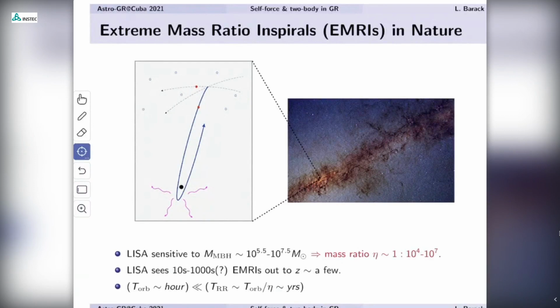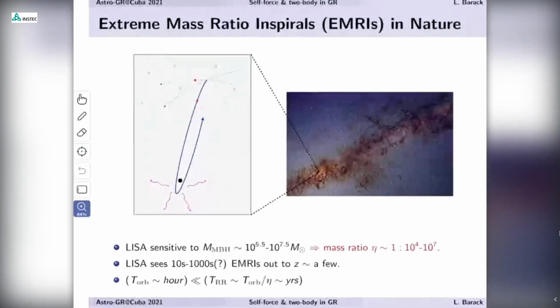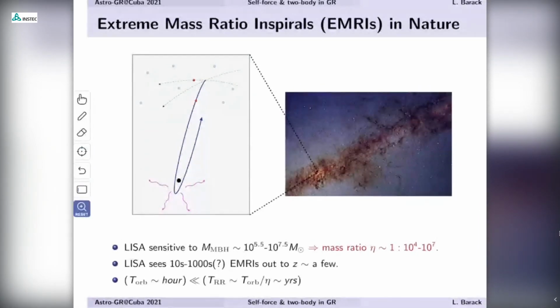Okay. Thank you. The point is that we think that one of these extreme mass ratio inspirals for a stellar mass black hole should happen every 100,000 years. Taking into account that it's going to last, say, 5 years, you divide 5 by 100,000, you get a very small probability, right?